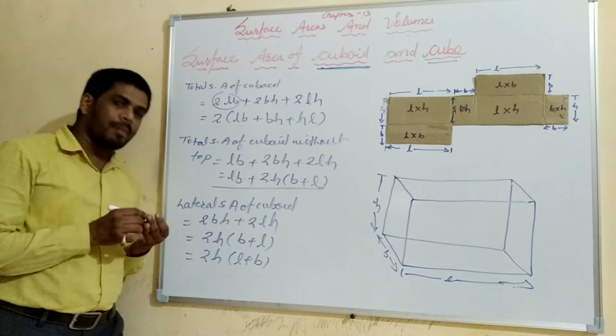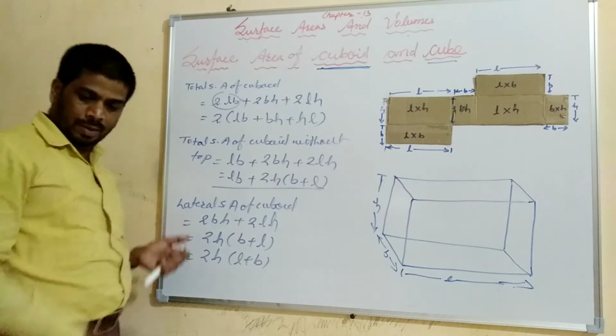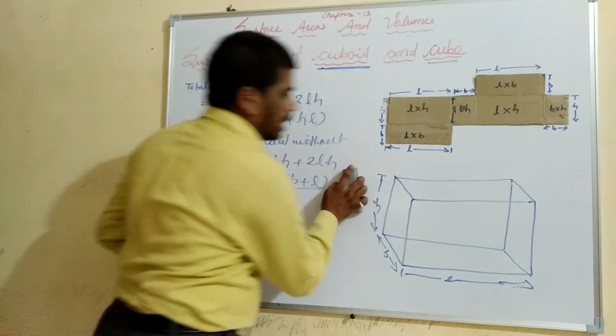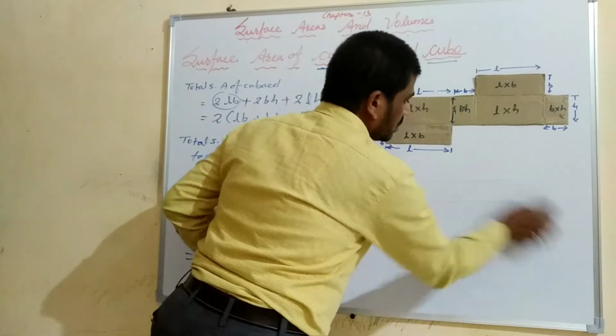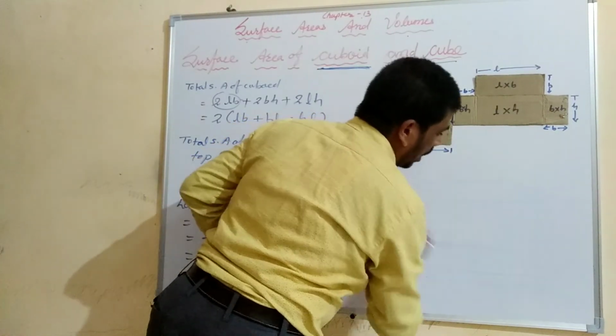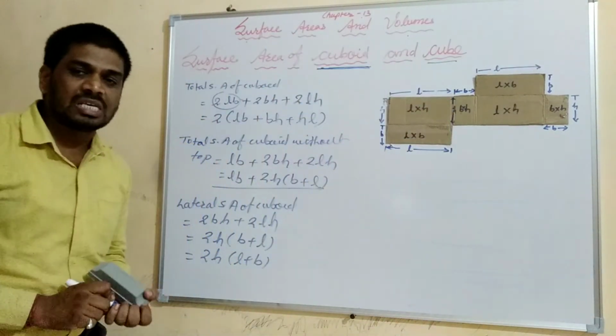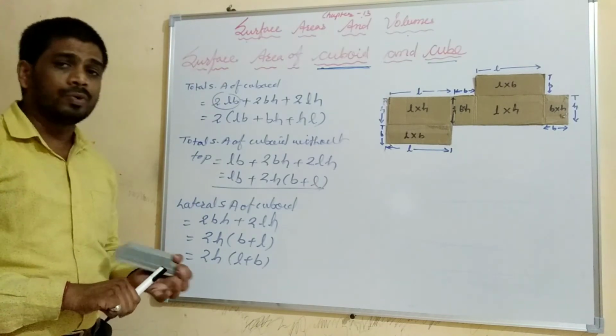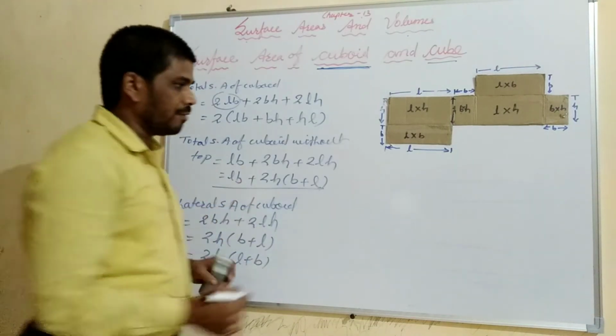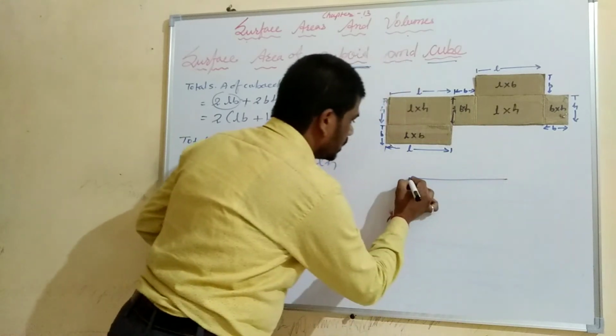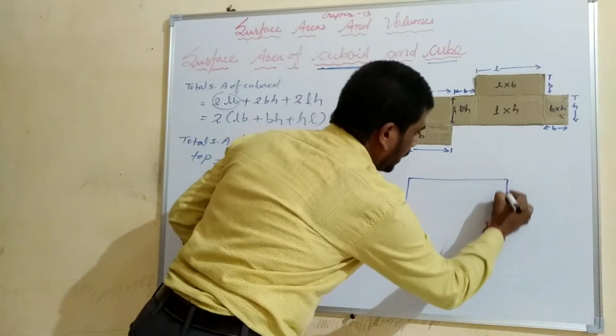Now let us talk about the cube. The cube will be the same as this, but here each face, instead of rectangular, will be square, which means each face of the cube will be square.